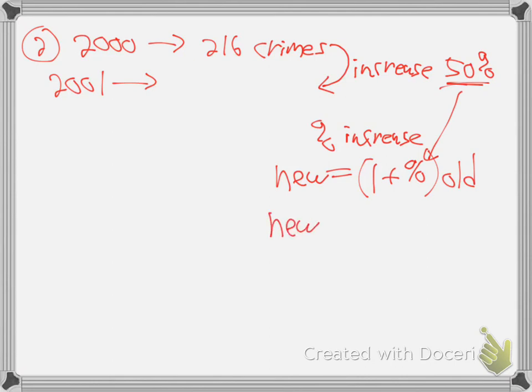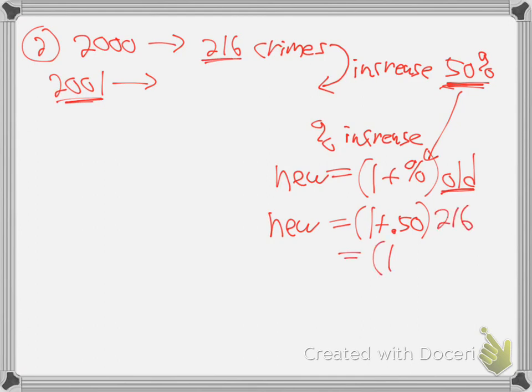So if you want to increase something 50%, first we're going to plug that in. The new amount of crime, like the amount of crime in the year 2001, will be 1 plus. Now, what do I do with that 50%? Decimal. Yeah, we always make them decimals. When we stick them in formulas, we always change percentages to decimals. So make it 0.50 times the old. What's the old amount of crime? 216.